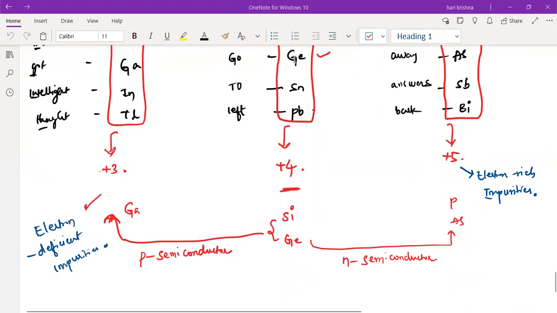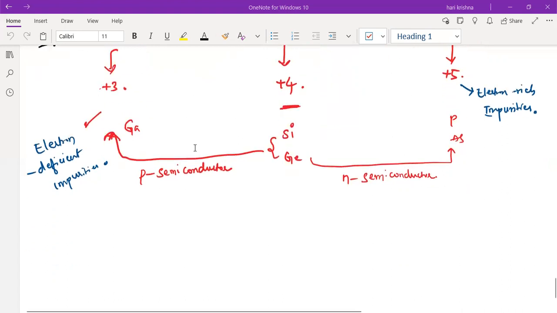And when you are doping group number 14 with group number 15, it will cause N type semiconductors, because group number 15 is the electron rich impurity. Okay. So this is what we studied in the last class.